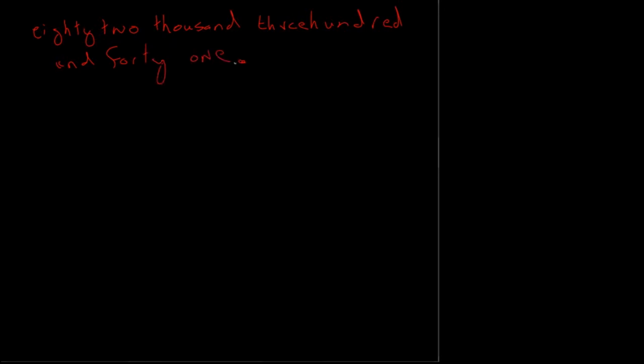And I want to convert that into our base system. I write the first number, 82. I've hit a period, because the word thousand is one of our period words, so I put in a comma, 341.